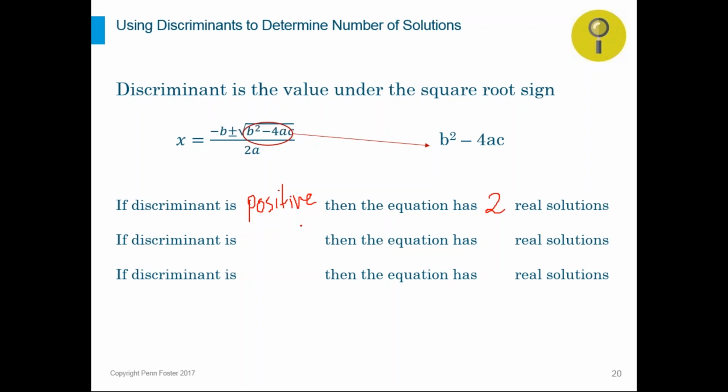If your discriminant happens to have a value of 0, then the equation that you have been given has only one real solution. If you calculate the discriminant and it happens to be a negative value, then this equation does not have any real solution.